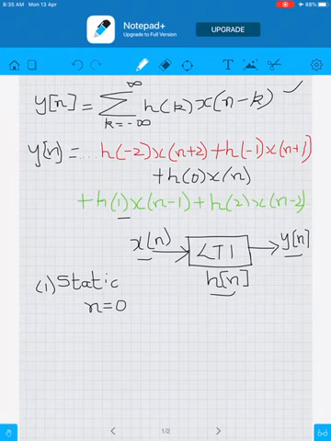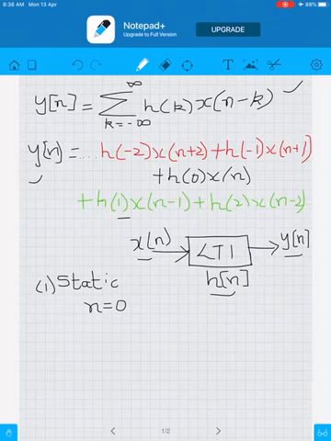If I substitute n is equal to 0 in this equation, then I get h of minus 2 into x of 2. x of 2 is depending on the future values. h of minus 1 into x of 1, again a future value. h of 0 into x of 0. The output is dependent only on the current instant of time. And let us continue. n is equal to 0, h of 1 into x of minus 1, a past value. h of 2 into x of minus 2, again a past value of the input.